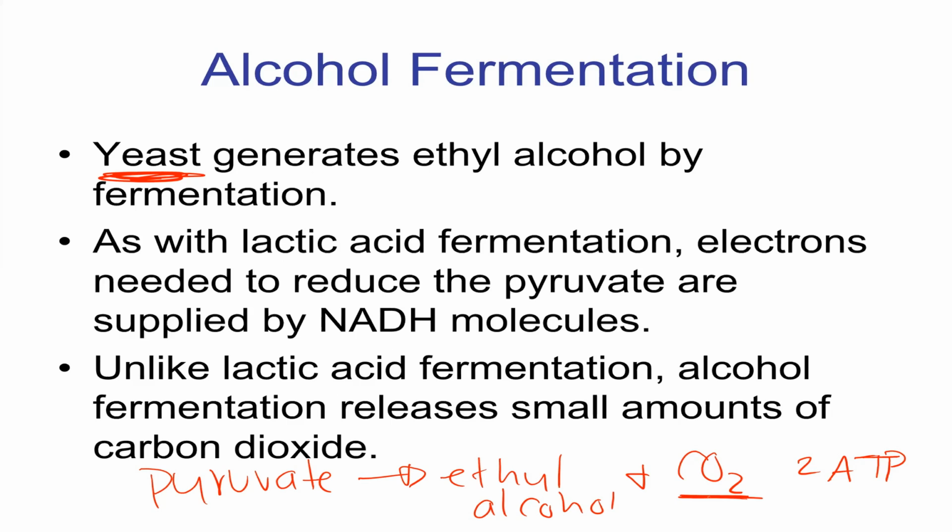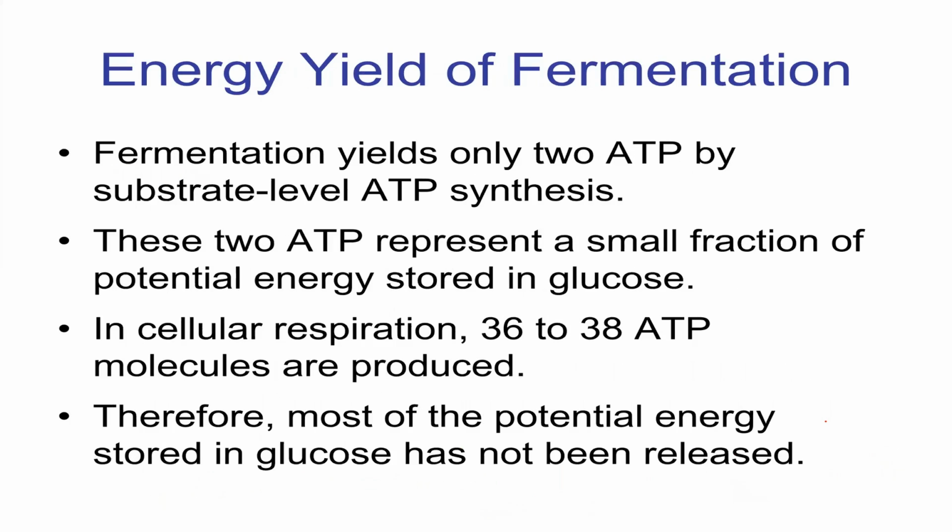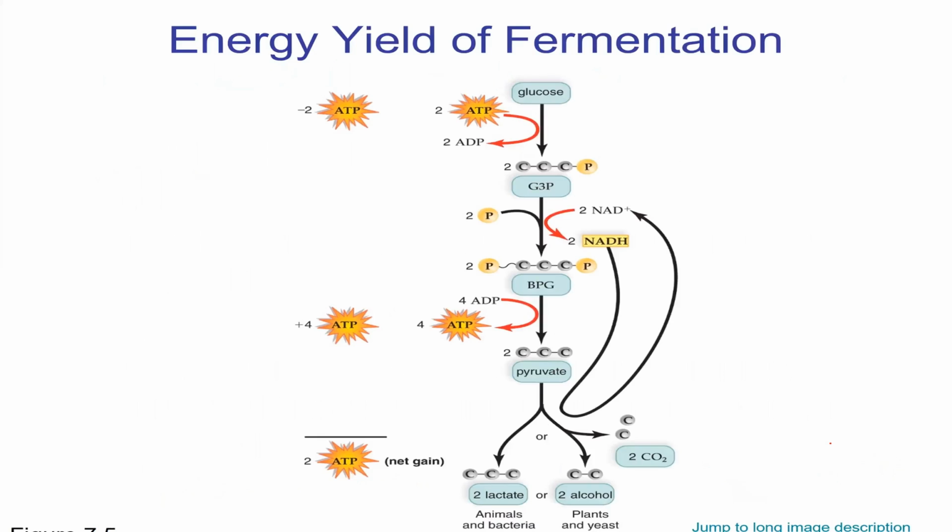That's the release of carbon dioxide to make that happen. Again, fermentation only creates 2 ATP. There's not many, so it is not that effective, but it is needed in some cases, okay? So again, we have glucose, and we either get lactate or alcohol and carbon dioxide, depending if you're animals or plants.